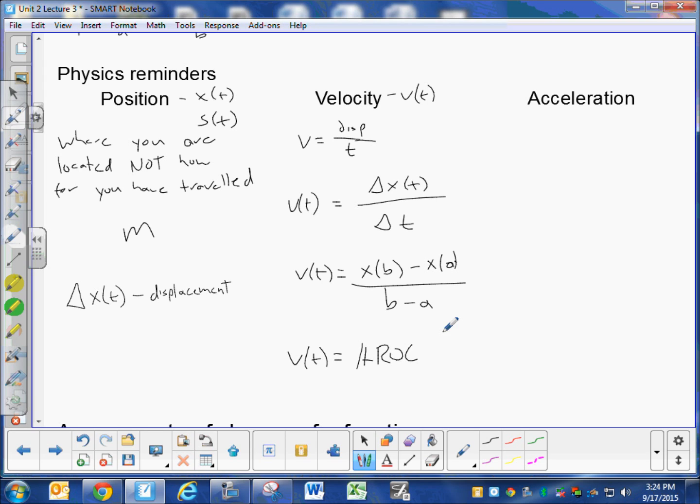Velocity is simply the average rate of change of my position, or my velocity can be considered the slope of position.